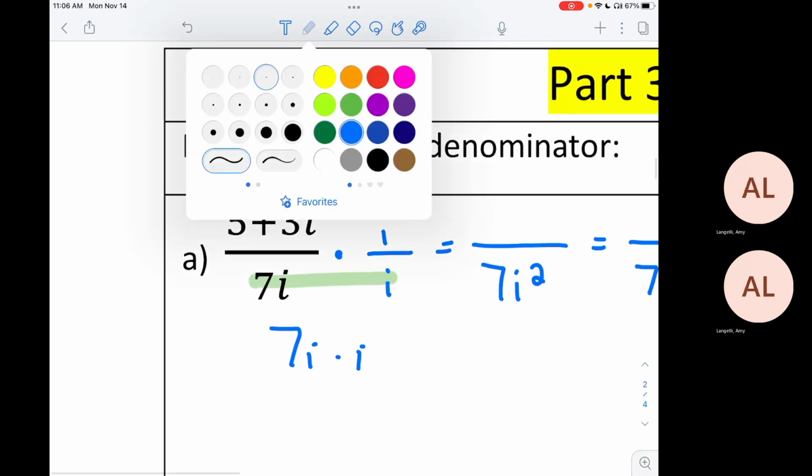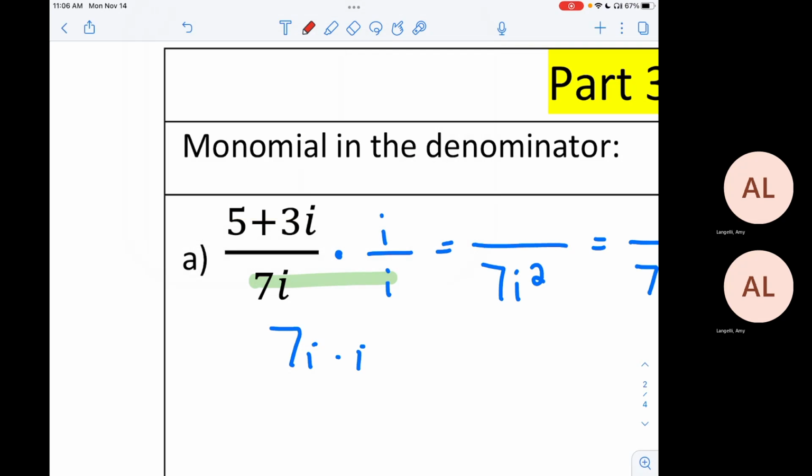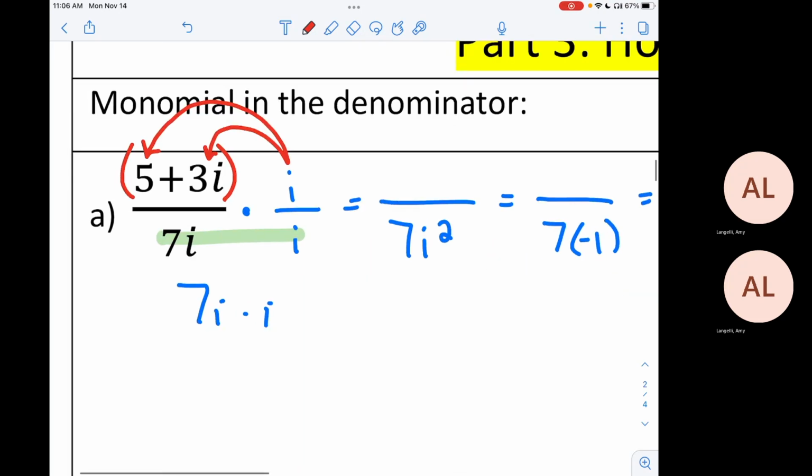Let's draw parentheses around our binomial. If you're not sure what I mean by that, take a look at the board. That's a binomial. Draw 2 distribution arcs. Here's your first arc. Here's your second arc. What do you get if you distribute with those arcs? What does the first arc give you? 5i. i times 5 is 5i. What about 3i times i? 3i squared.